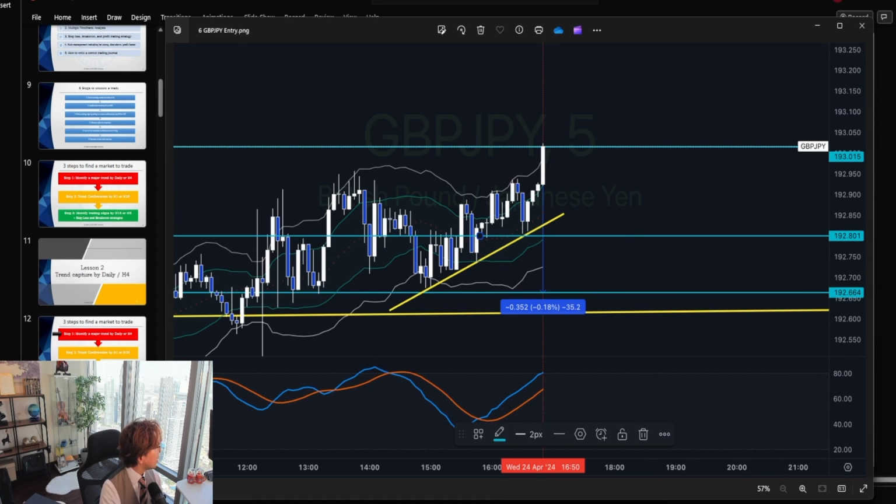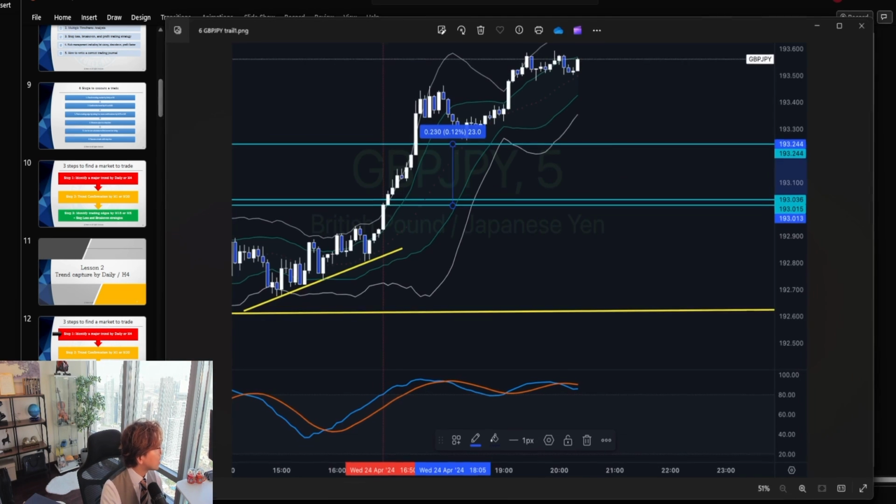Next is the break-even timing, and how I trail the profits. After I entered the trade, the market went towards my direction. Again, this was my entry buy, and this is my entry buy here. And this is when I trail the profits. Initially the market went towards my direction and it retraced a little bit, but now it has taken off this way.